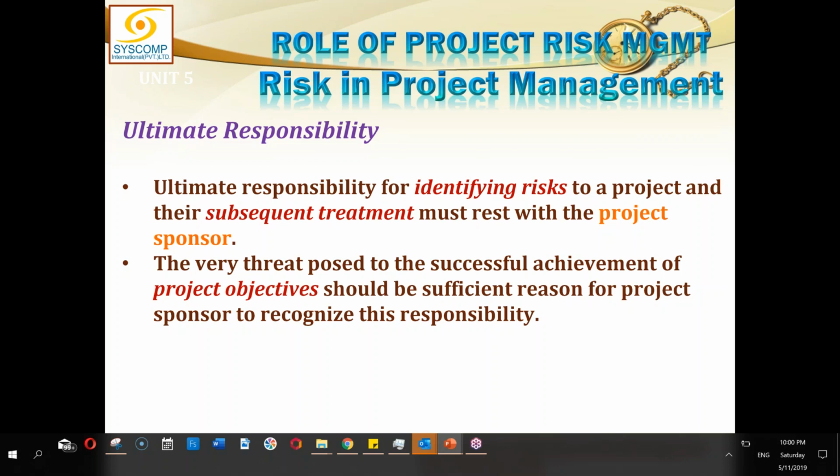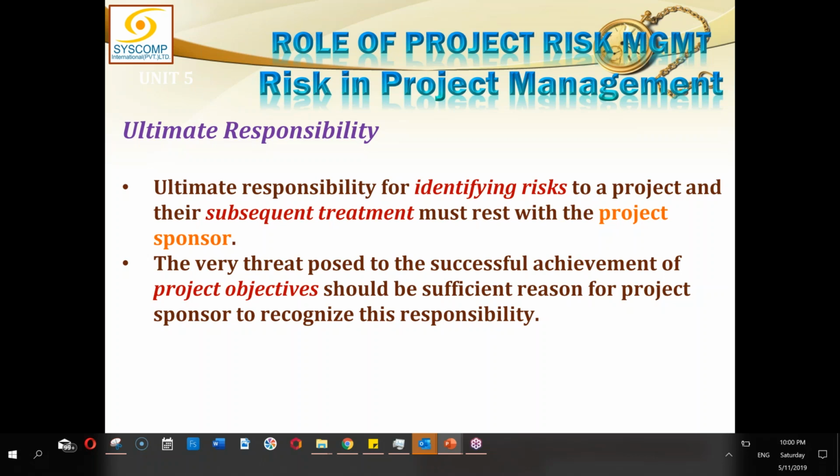If there is no attitude from the top level management, no commitment from the top level management for implementing risk management and quality management, no matter how good workers you have got, how efficient and certified professionals you have got, you will still not be able to meet the targets of risk management and quality management both.